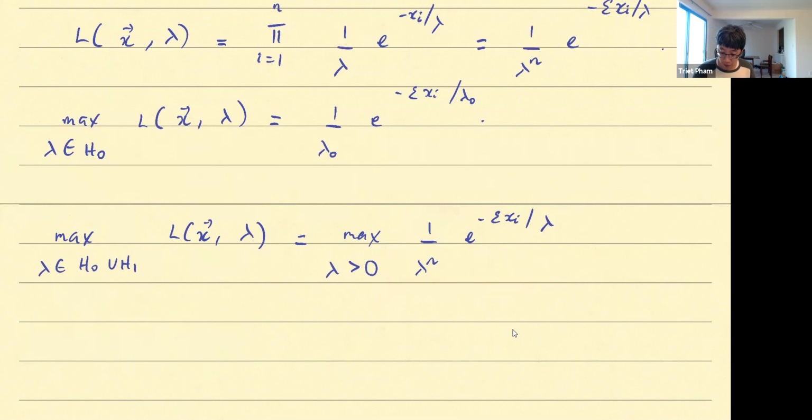Remember? So this is a likelihood function, right? When you take the max like this, you're solving for the MLE. Except that before, our focus was on the value of lambda that maximized this. What was the value of lambda that maximized this?